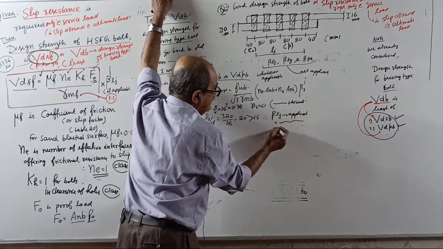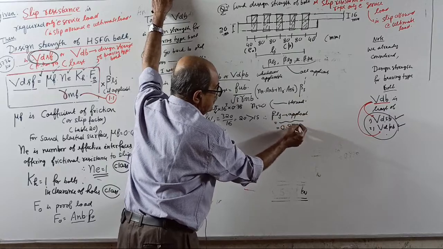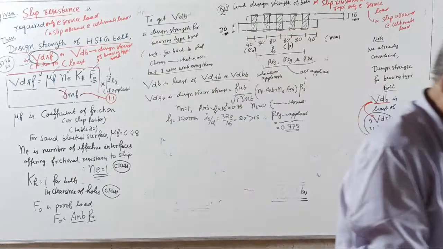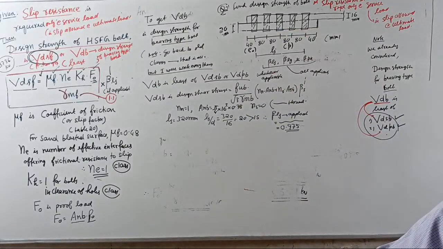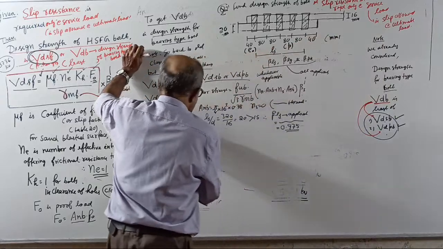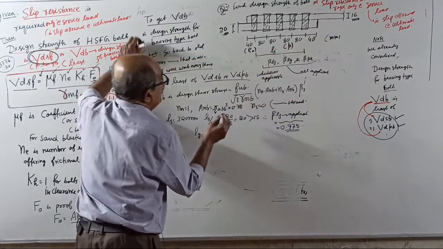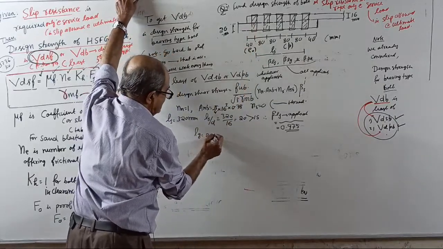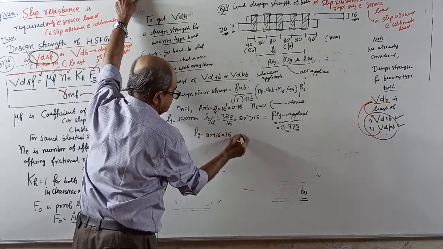Is beta LJ 0.975? Yes, okay. Then LG equal to 20 plus 16 equal to 36.